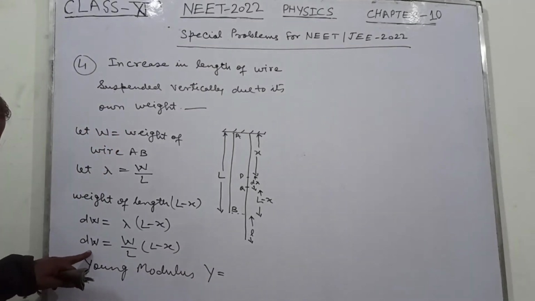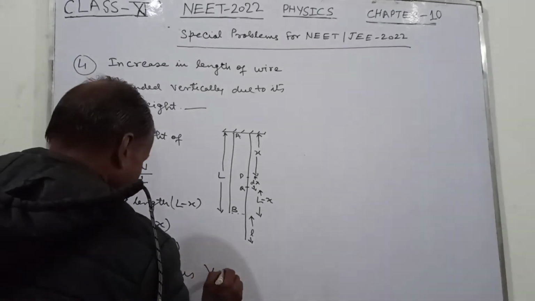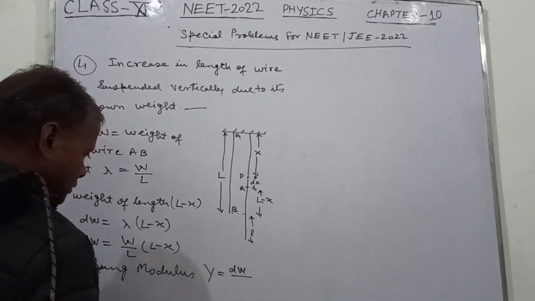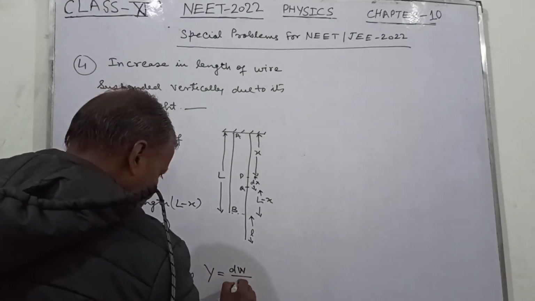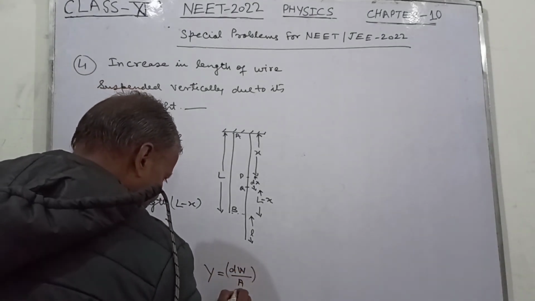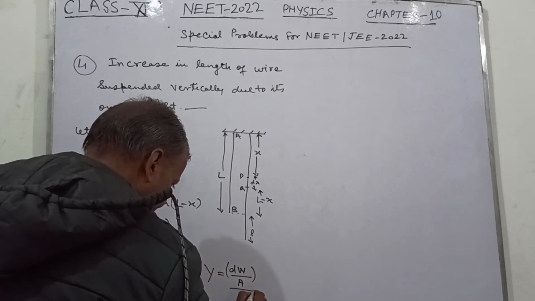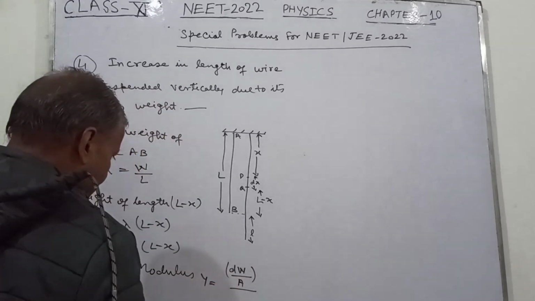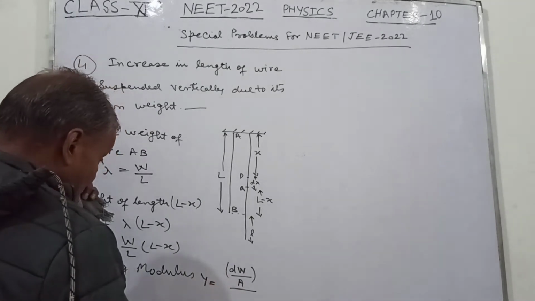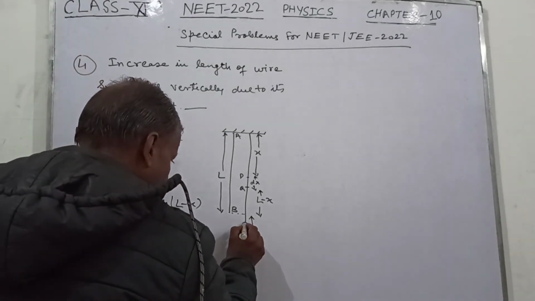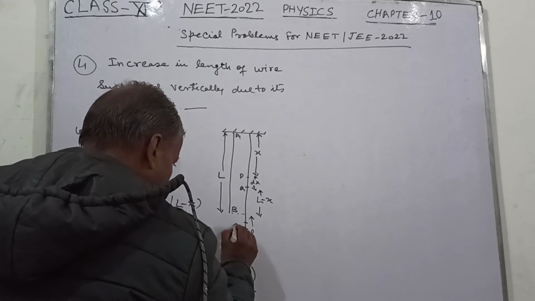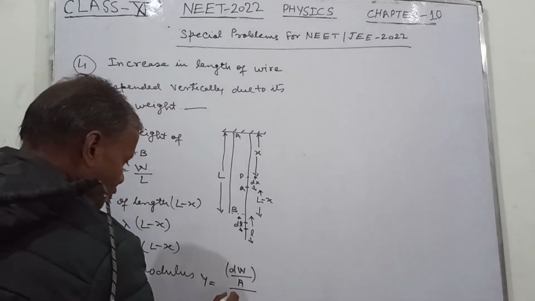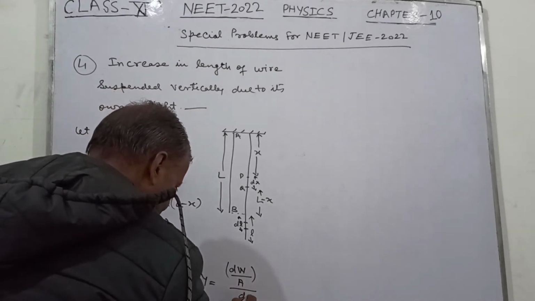The force is how much? dW, that we will use here, dW upon the area of cross section A. This is divided by the change in length. Let this length be so much. This is now your dl. So this is now your dl upon dx.